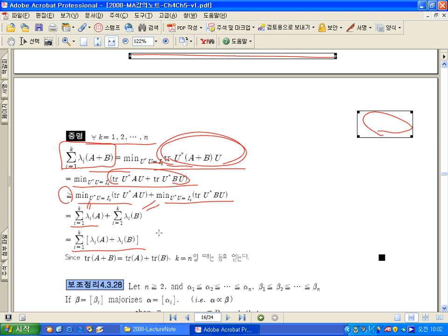And this inequality holds if we have eigenvalues in the increasing order. And when k is equal to n, we have the equality. So it just satisfies the condition for the majorization.